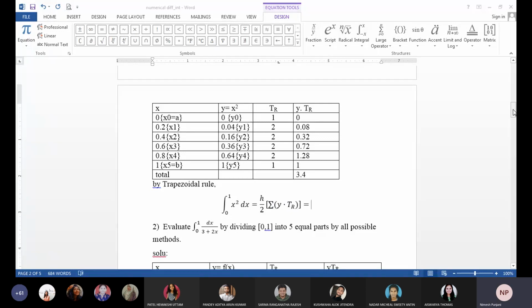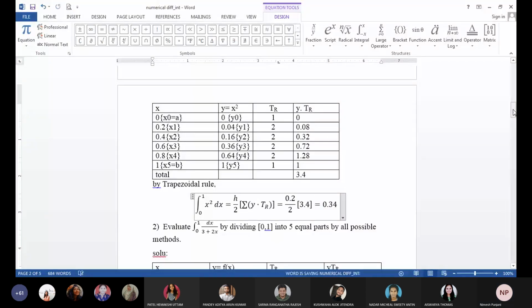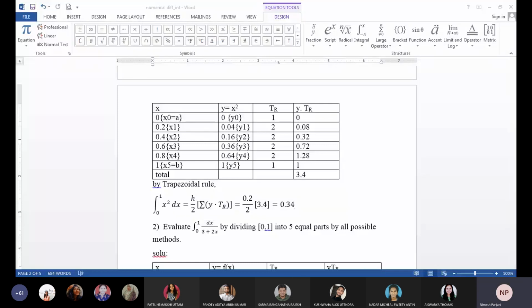Either you write down that formula or this formula, summation y into TR. So h was 0.2 divided by 2, summation y TR is 3.4. So what answer will come? 0.34 is the answer which I get.